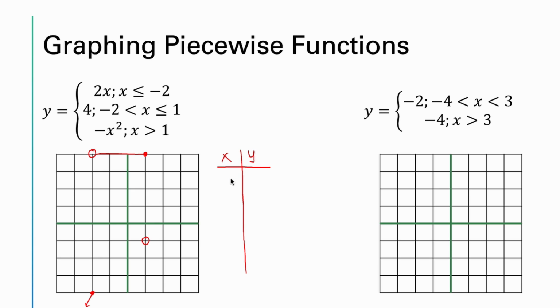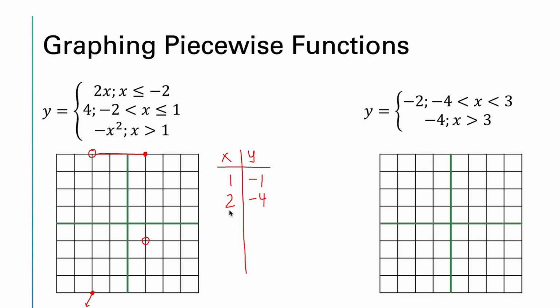So we already have 1, -1 as our starting. So let's plug in 2. For 2, we would have -4, since 2 squared is equal to 4 times the negative is -4. And again, it's only for all values above 1 and not including 1 because of that open dot.